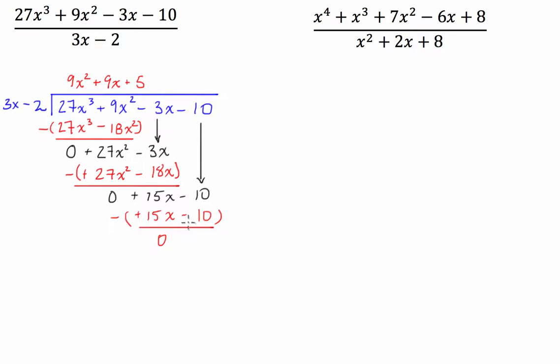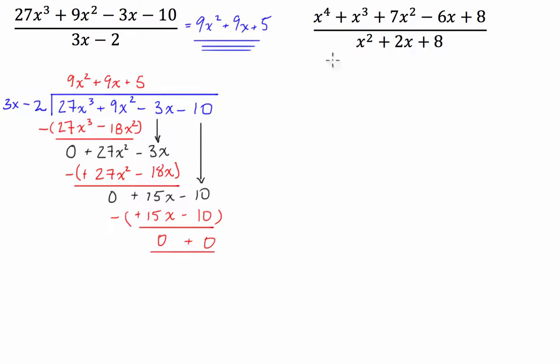Negative 10 take negative 10 is also 0. So we have no remainder. So what we can say is this divided by this is equal to 9x squared plus 9x plus 5. Cool.